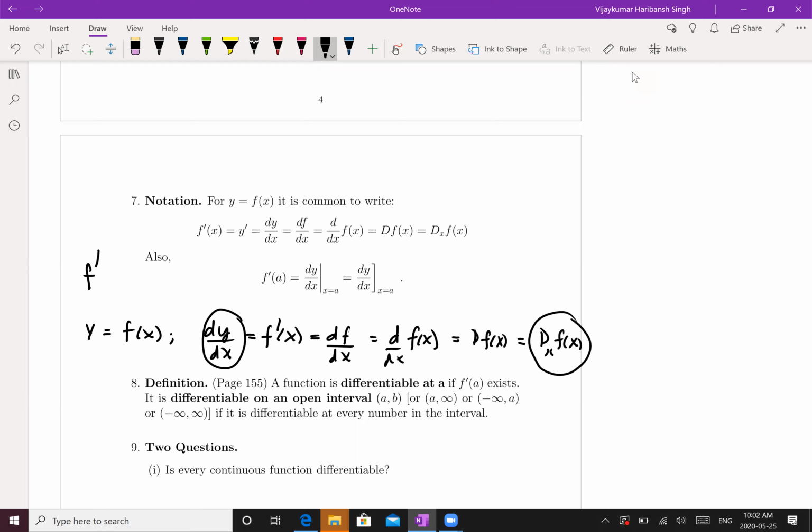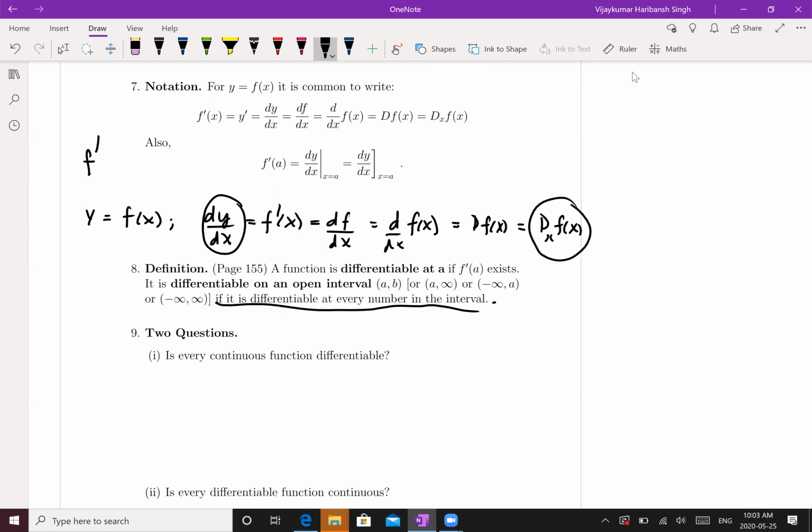So now, a function is differentiable at a if f prime of a exists, right? A function is differentiable on an open interval (a, b), or for that matter, a to infinity, minus infinity to a, or minus infinity to infinity, if it is differentiable at every point inside the interval. Now note that this is an extension of your definition in some sense, because until now you talked about the derivative at a point.